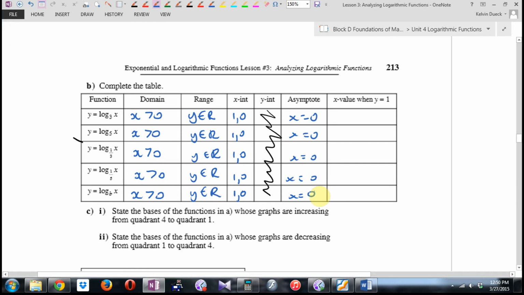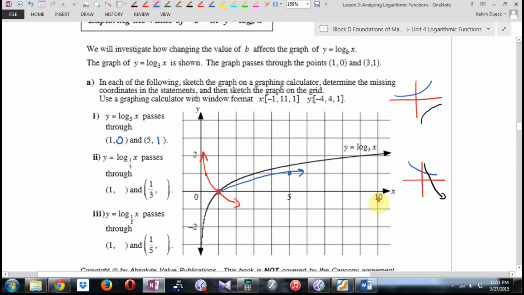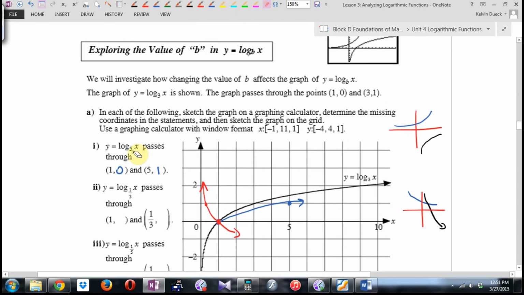And what's the x value when y is 1? For base 5, it was 5 comma 1.